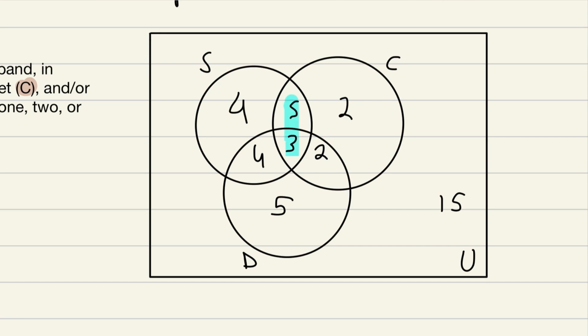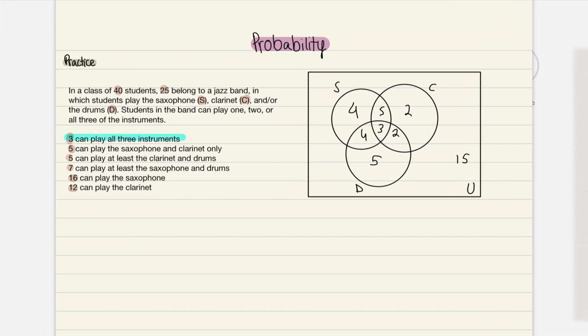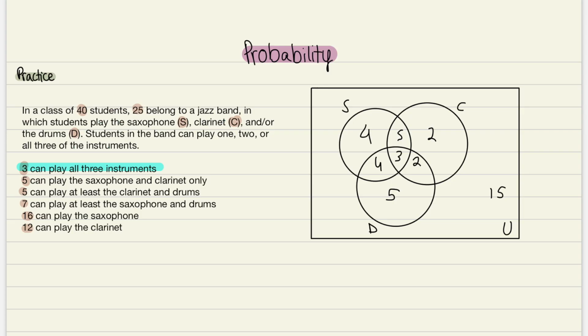Because these two are also in the clarinet circle. So that means we'll have 8 out of 16, which is just 1 over 2. So given that a student plays the saxophone, the probability that they also play the clarinet is half. So this is how you would look at a question which is like this.